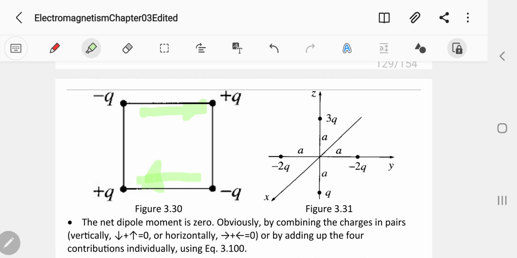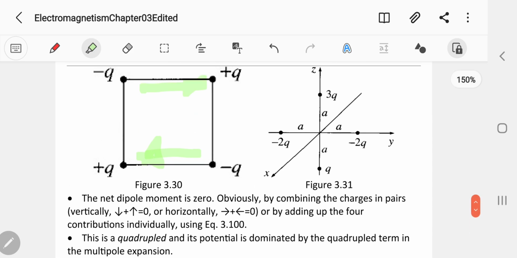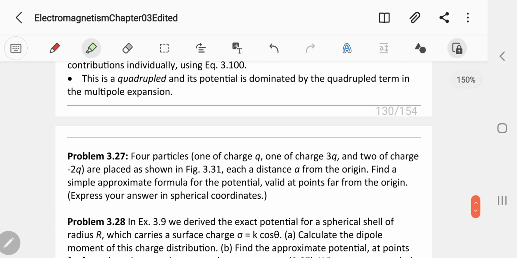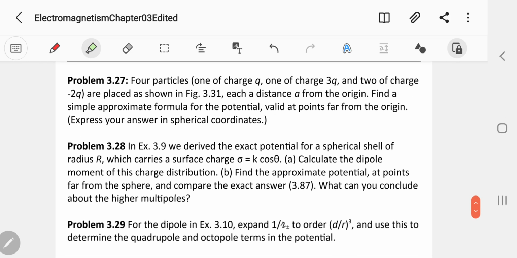The total dipole moment for these configurations is obviously equal to 0. This is now a quadrupole actually. So these are some problems which you can solve.